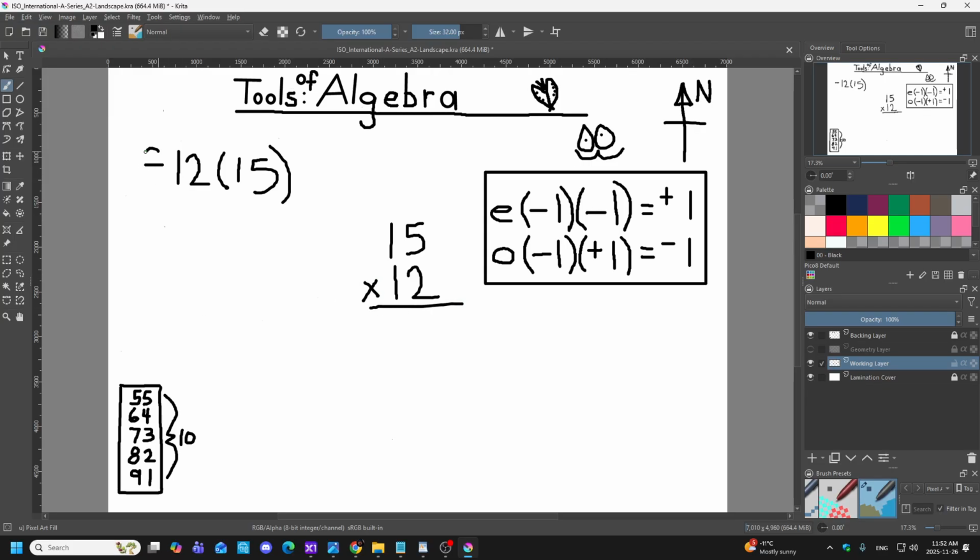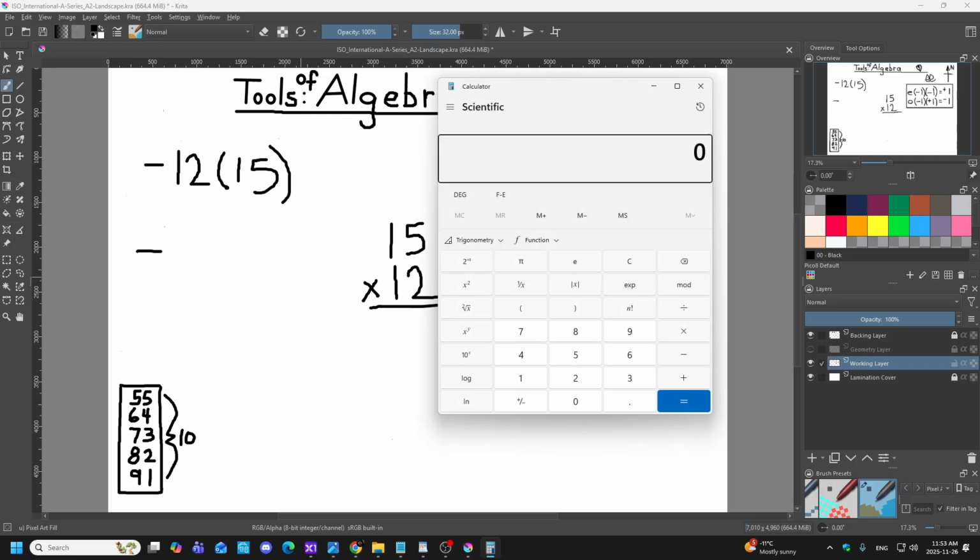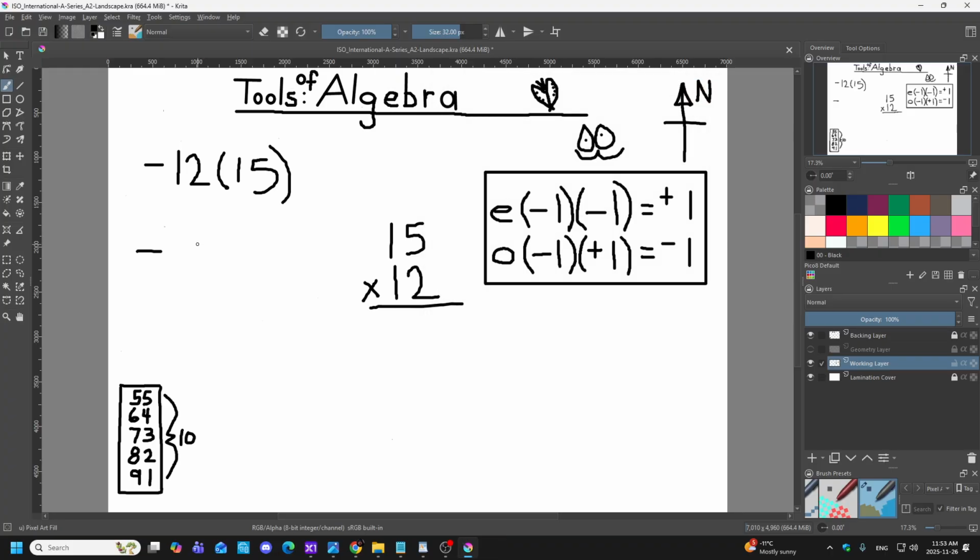Look, we have one negative. 1 is an odd number. Therefore, my final answer is going to be a negative. So just write down the negative. Now you're done. As soon as you've got the sign figured out, the rest of it is just basic mathematics, right? Just figure out your sign and then do your multiplication. 180.